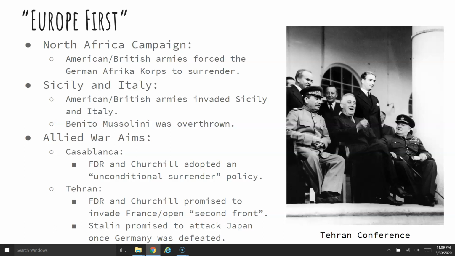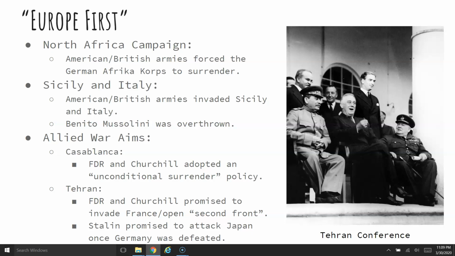He's eventually broken out by German commandos, but toward the end of the war, he's recaptured by Italian rebels and he is executed. And his body is hung in the street, and it's not a very pretty end for Benito Mussolini.